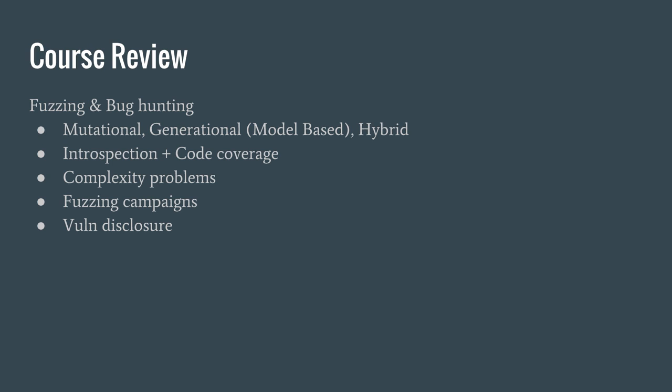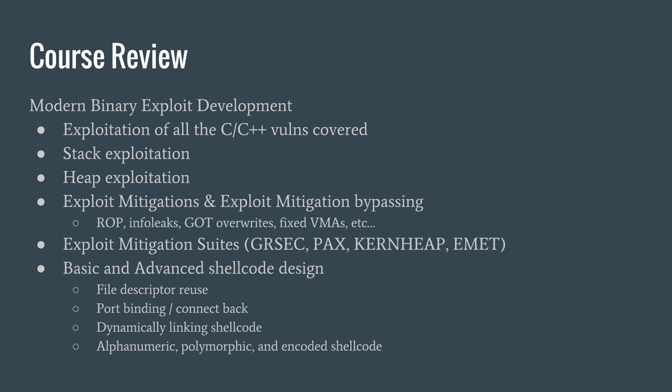We discussed fuzzing campaigns and also revisited vulnerability disclosure and essentially the way to go about it and what you need to know in order to prove that it is a vulnerability in order to effectively disclose or communicate it. And that was part of homework 5, the VLC or application fuzzing exercise.